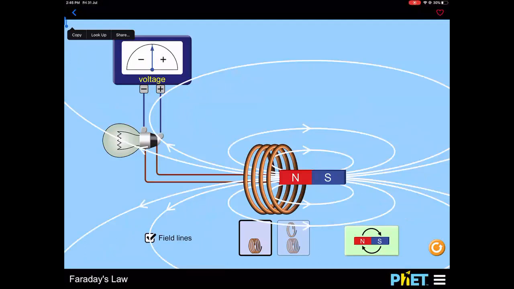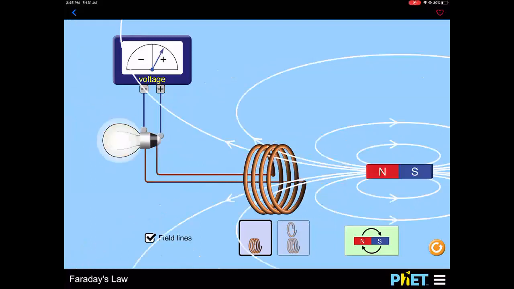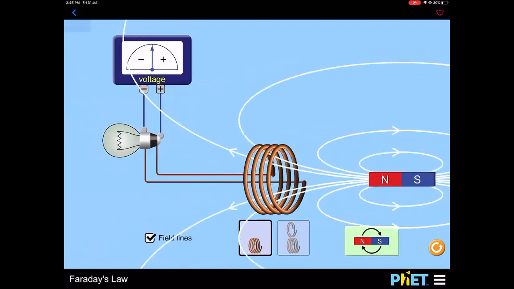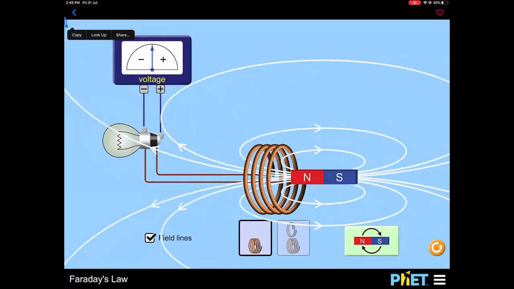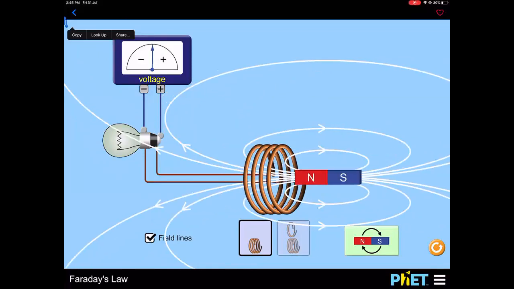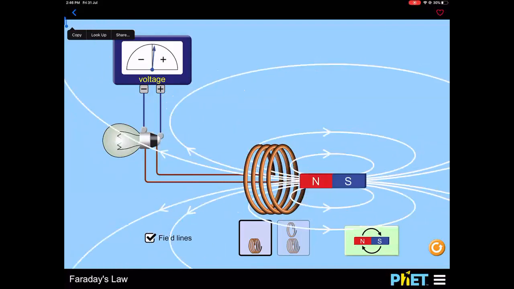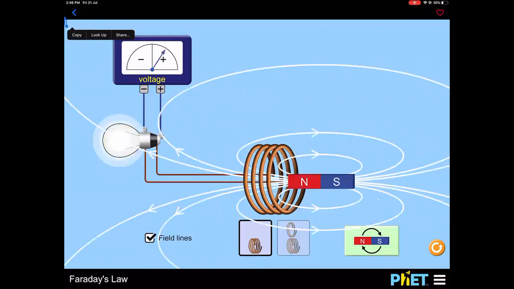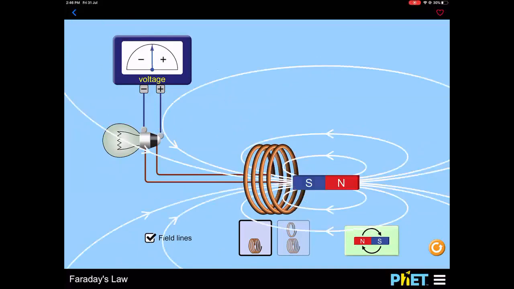As a result, there is an induced EMF. Look, this is the north pole. When I bring the north pole this side, look at the voltage. The voltage shifts to the other side. When I bring it out, the voltage is in the opposite direction. Suppose I do the north-south reverse, then the reverse thing happens.